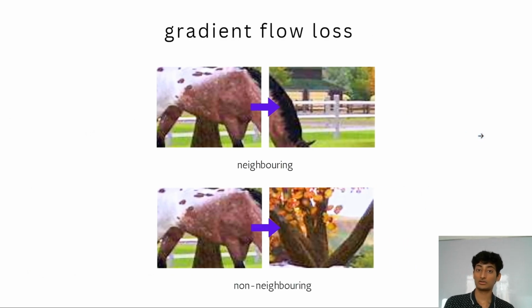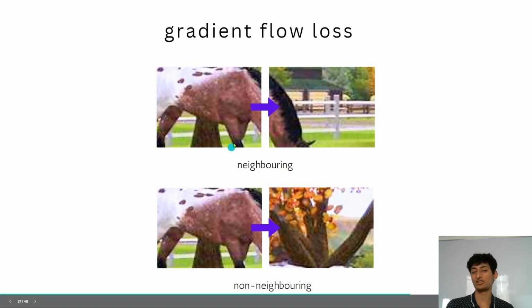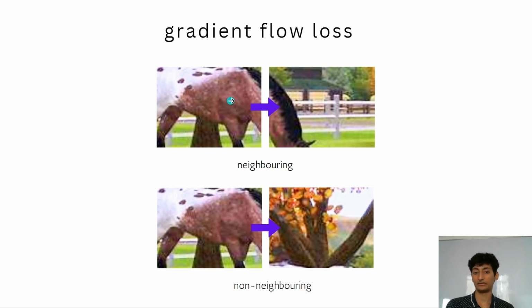We also use a gradient flow loss, which is about neighboring pieces. Let's say these two are neighboring pieces. There has to be a smooth gradient flow, which I have been talking about. And if the pieces are non-neighboring, the gradient should be strict, it should not be able to pass freely.